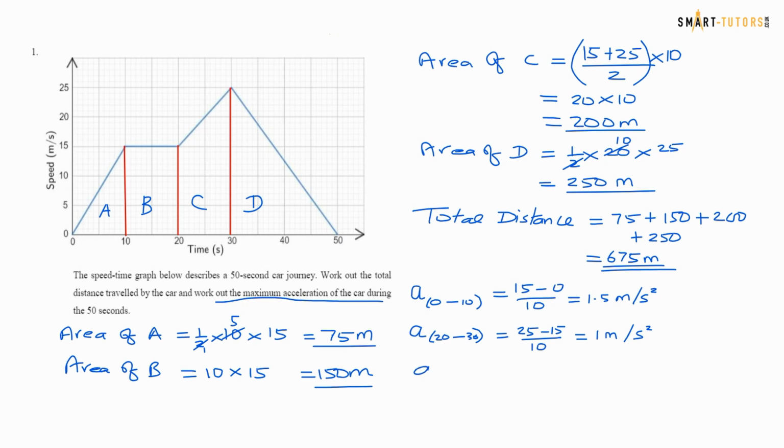So the maximum acceleration, during 0 to 10 seconds, is 1.5 meters per second squared. That is our answer for question number 1.